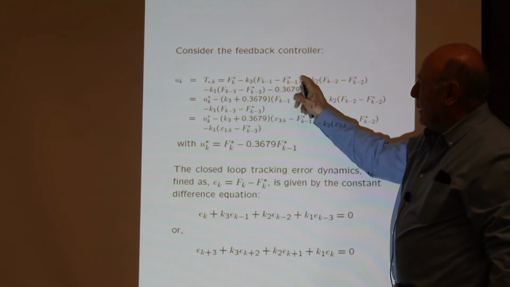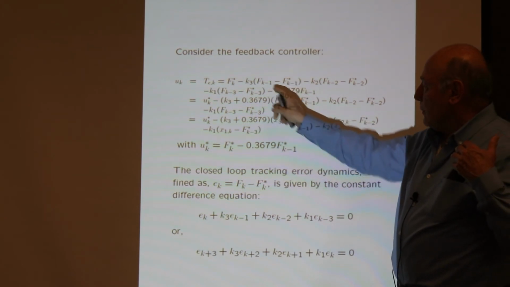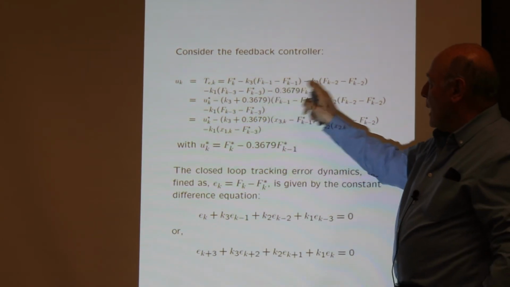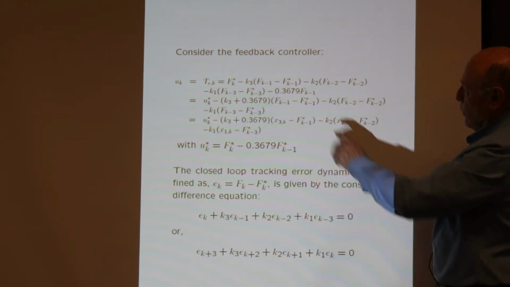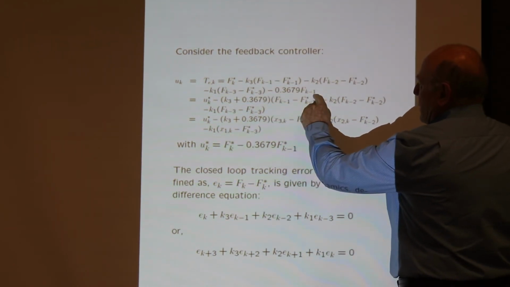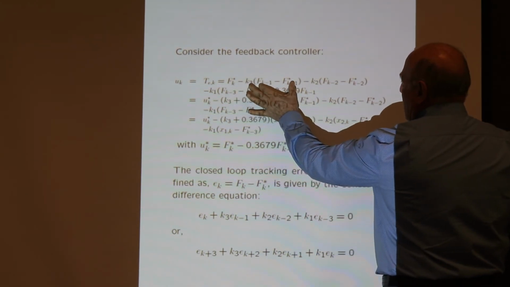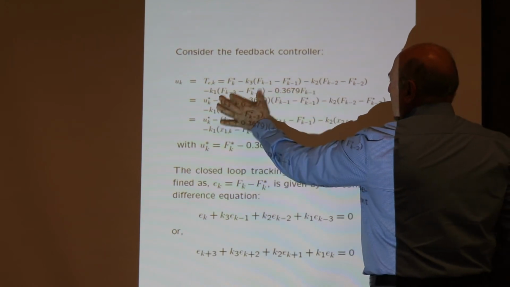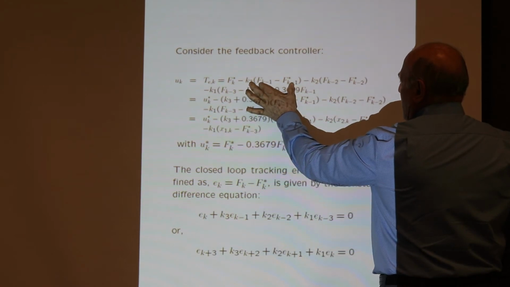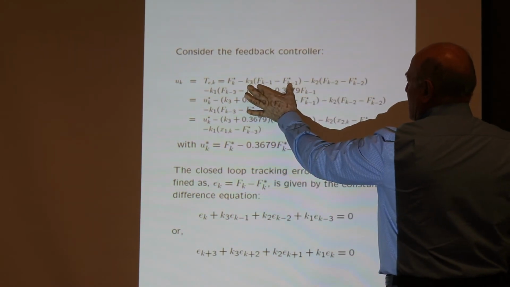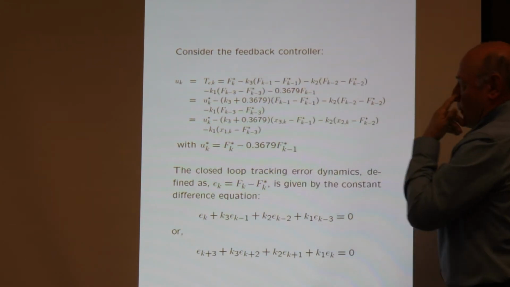You're adding the error of the backward shifted flat output 1 unit of time and 2 units of time. So you are creating a third order system. You're canceling the dynamics of the flat output in the first term, and you're adding all these tracking errors successively in time, the tracking error of the previous instant of time, 2 instants of times, and 3 instants of times before.